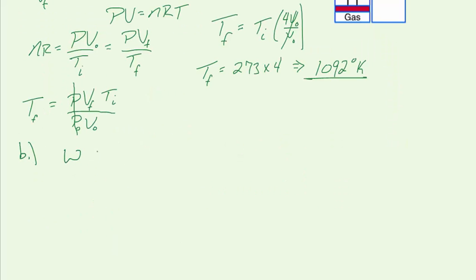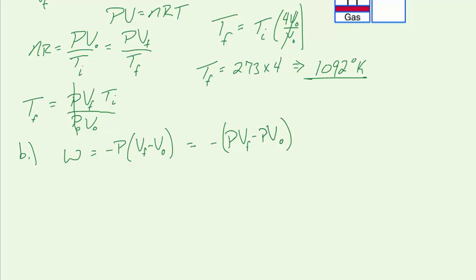And in part B, we're asked to calculate the work done on the gas during the expansion. So we know that work is equal to our negative pressure times our change in volume. And if we multiply our pressure through, we'll get an equation that states that our negative final pressure times volume plus the pressure of our initial volume.